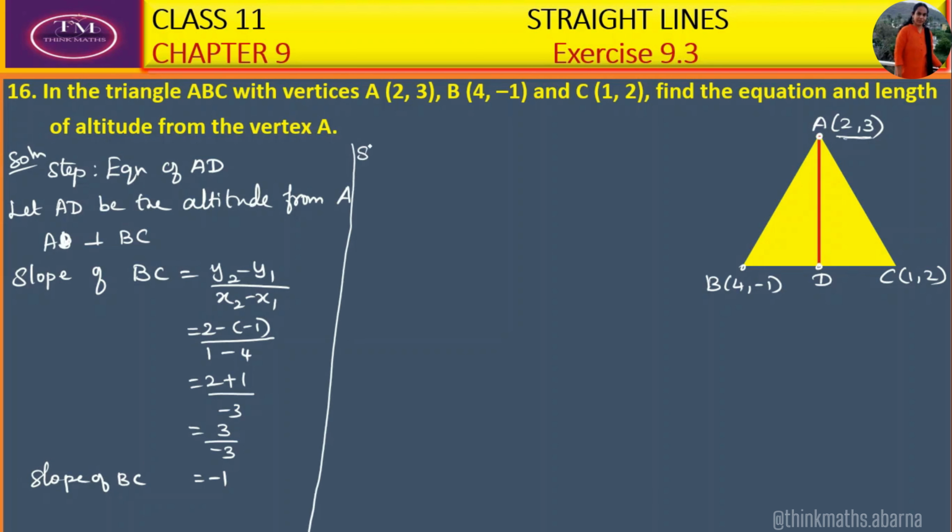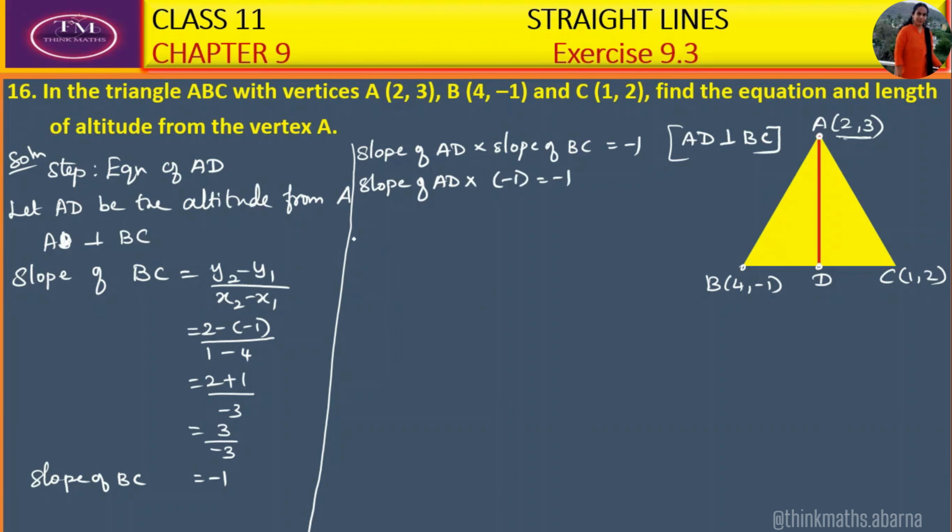We know slope of AD into slope of BC equal to -1. This is because AD is perpendicular to BC. So slope of AD into, what is slope of BC? It is -1, equal to -1.